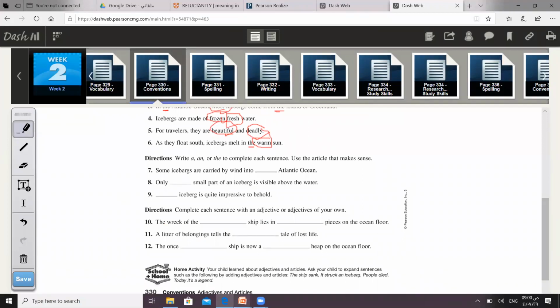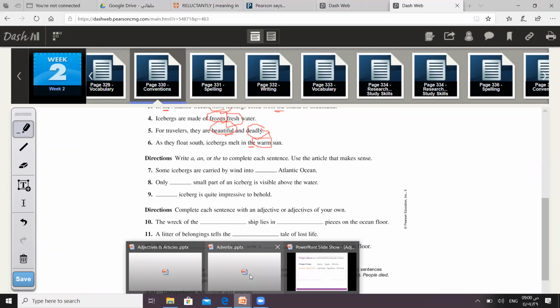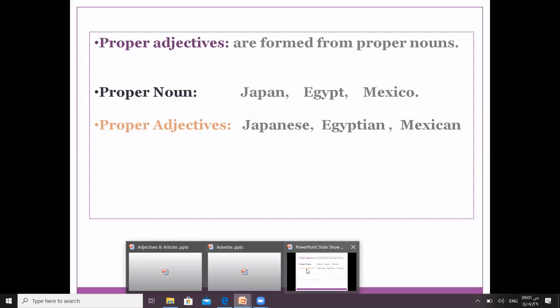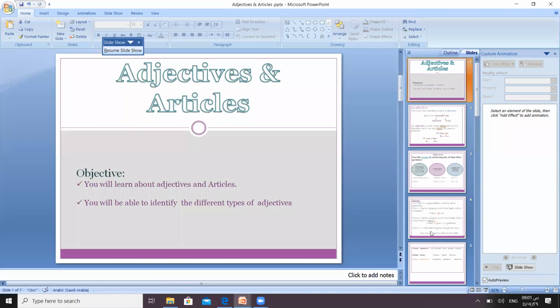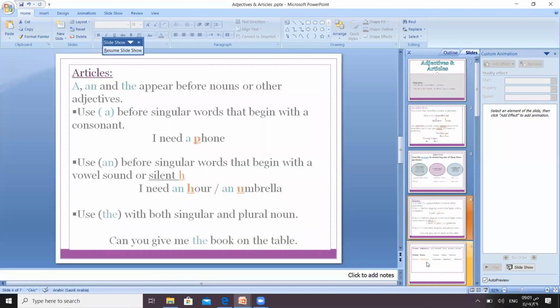Teacher, number 5, and the article. No, for sure, and is not an article. Now, grade 5. Teacher, can you go back? As.